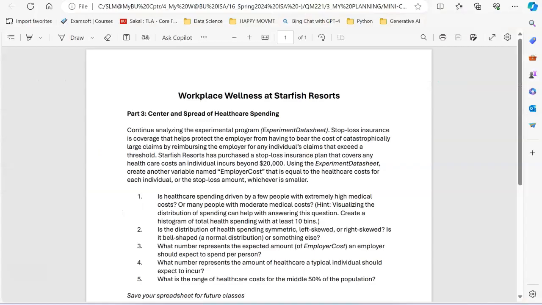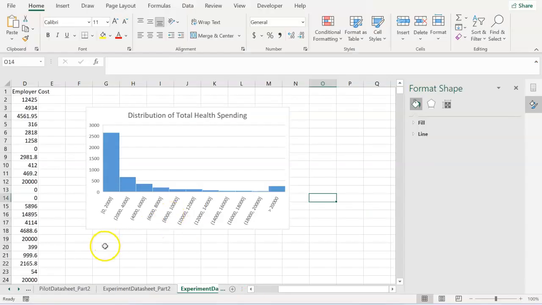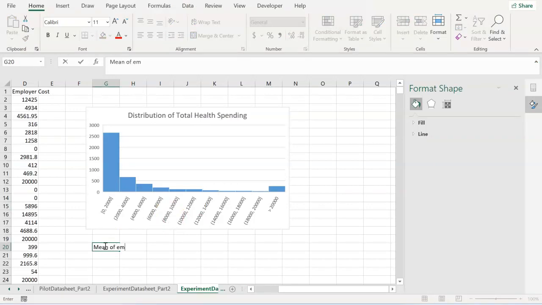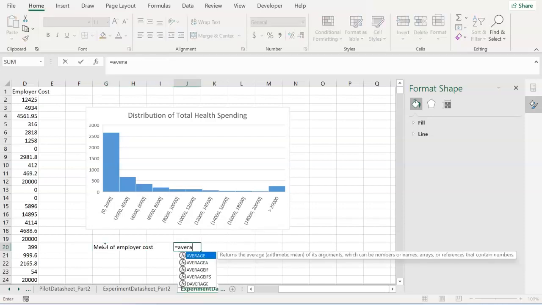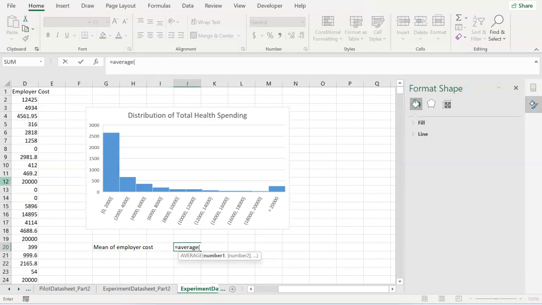Okay, question 3. What number represents the expected amount of employer costs an employer should expect to spend per person? So that would be the mean of employer costs. So let's do that. Mean of employer costs equals average of this.